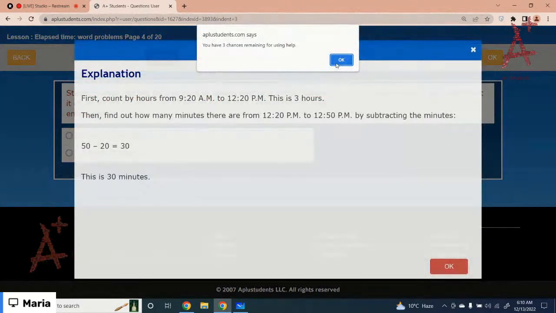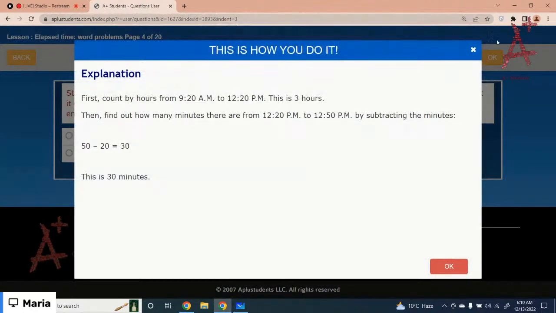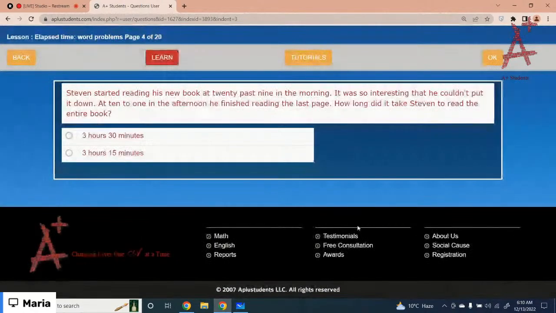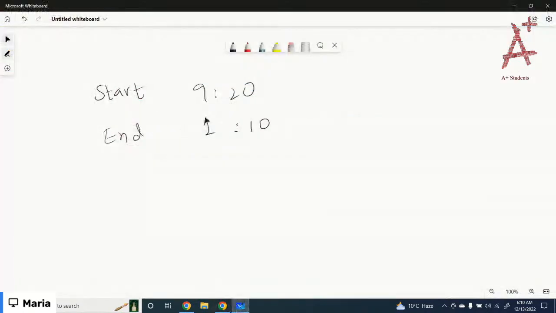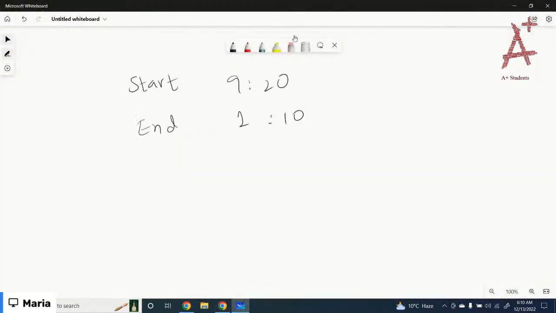It is 12:50. Yes, 10 minutes to 1. Sorry. So it would be 12:50. Got it? 10 to 1 means it is 12:50.